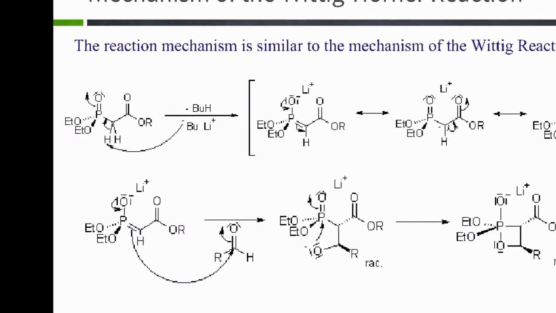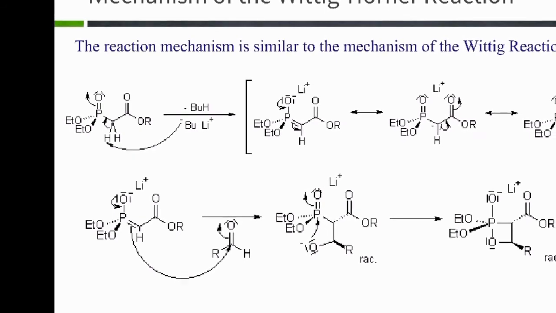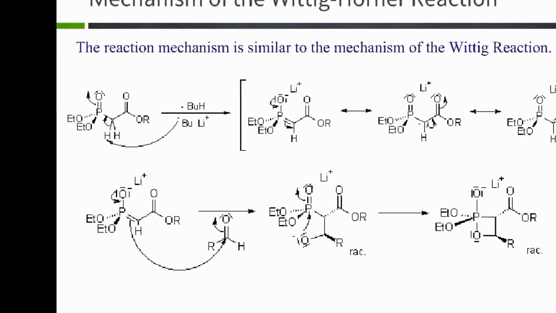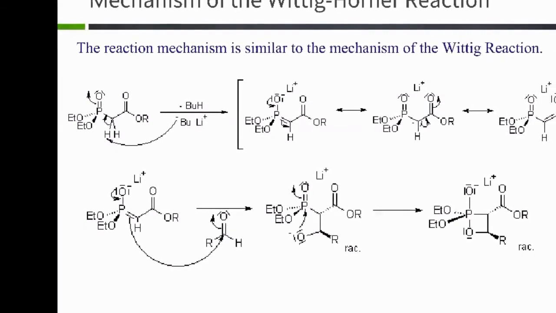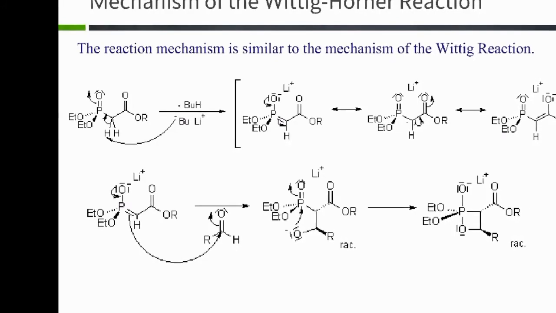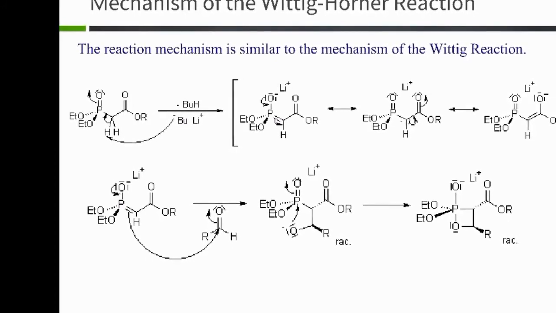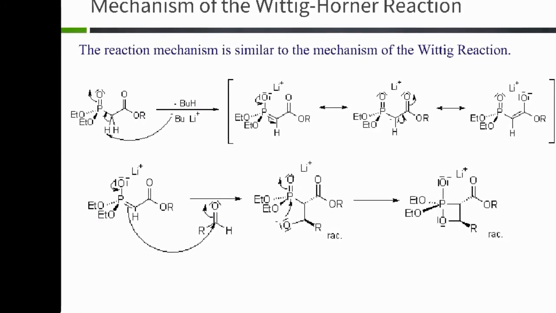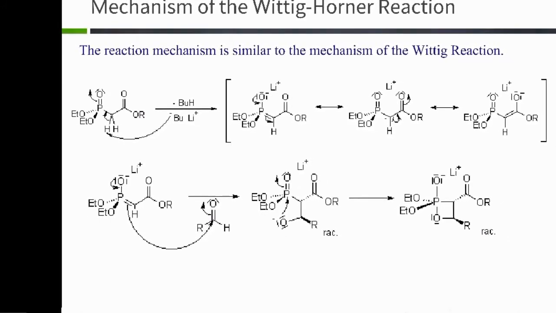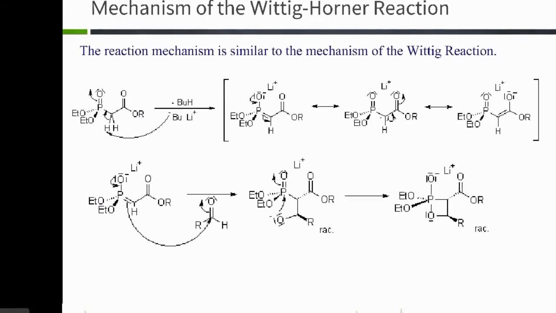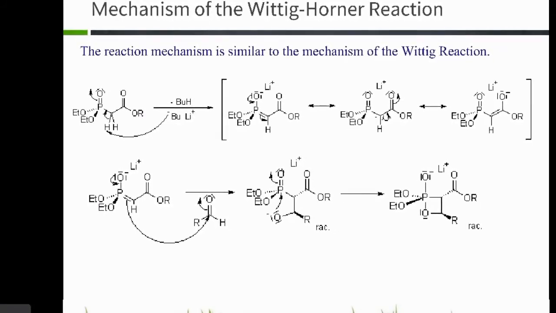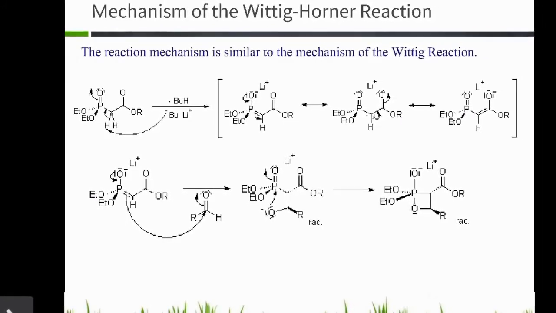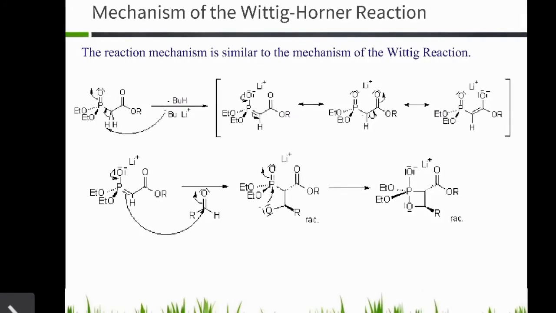The mechanism of the Wittig-Horner reaction could be represented like this. The stereochemistry is set by steric approach control, where the anti-periplanar approach of the carbanion to the carbon of the carbonyl group is favored when the smaller aldehyde hydrogen eclipses the bulky phosphoranyl moiety.